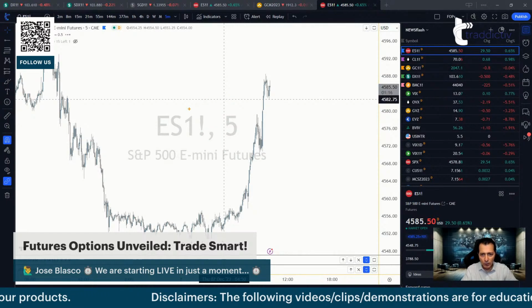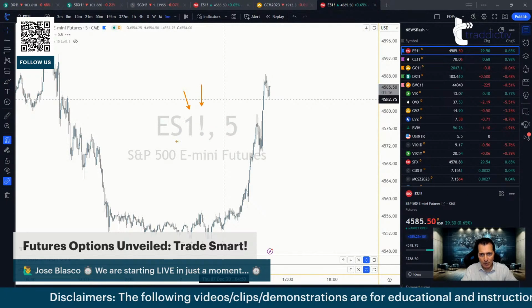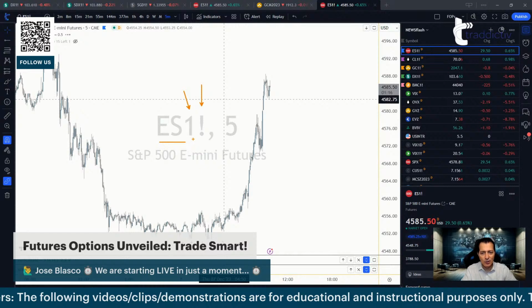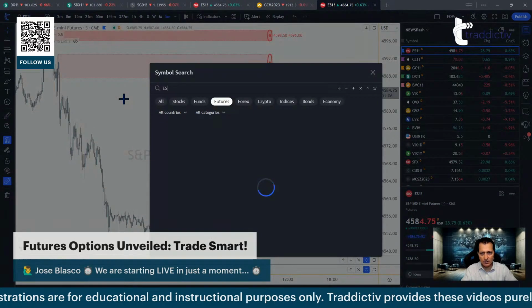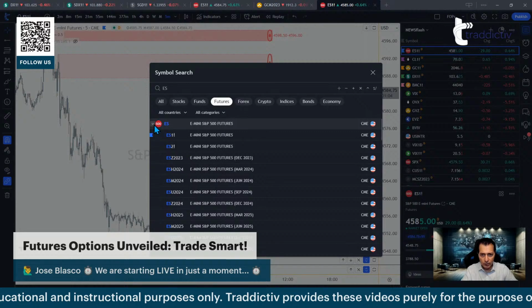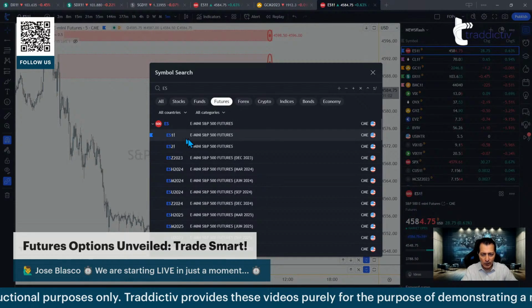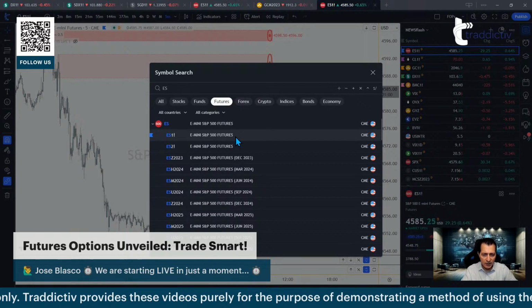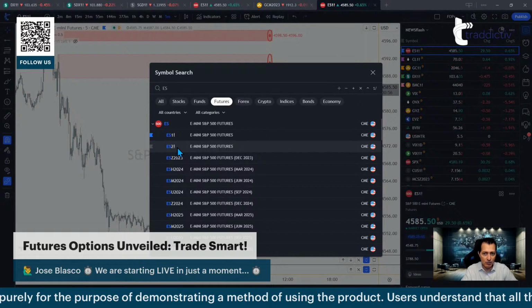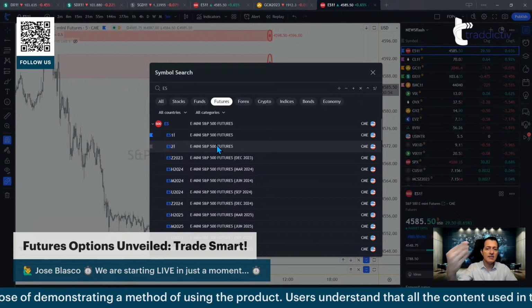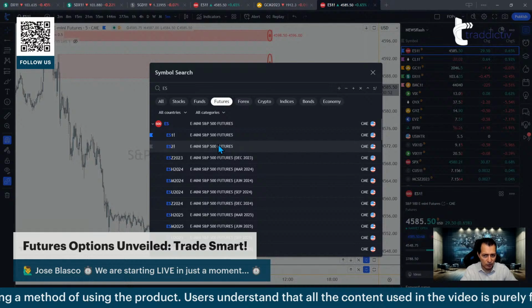I just input ES1!. That is, if I type it and show it to you, ES1!, it's the continuous symbol using the front month. ES2! is the next expiration date in futures continuous contract.